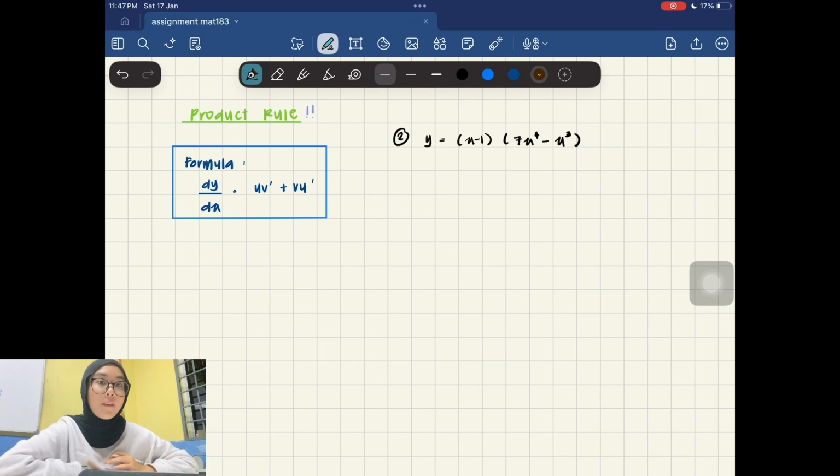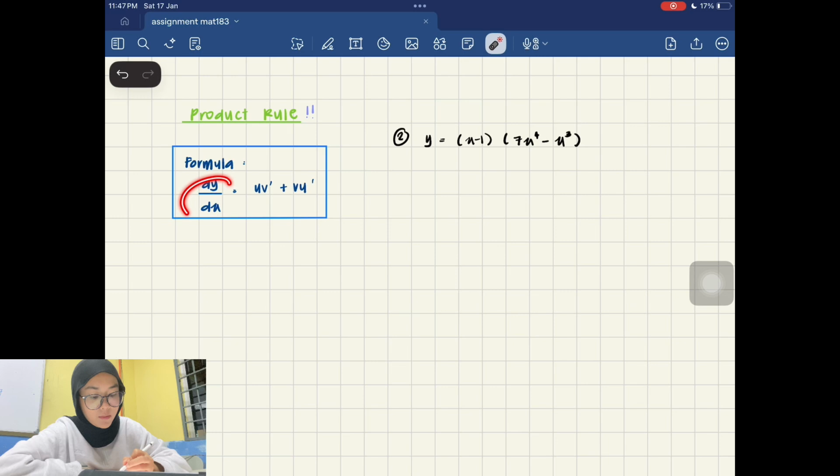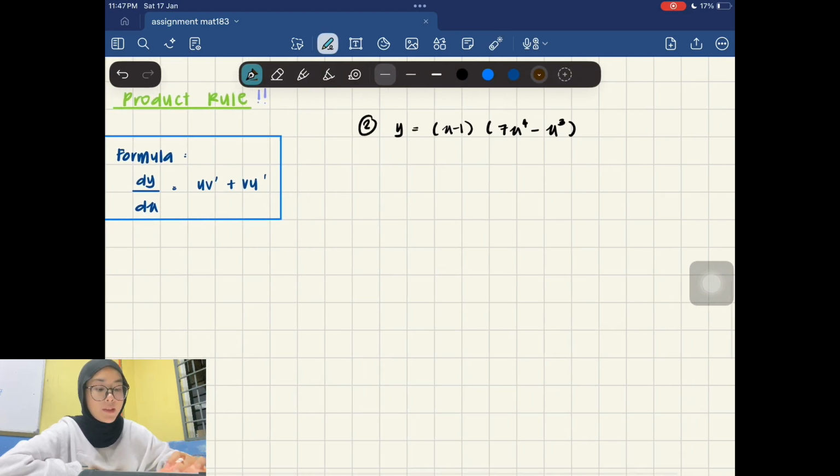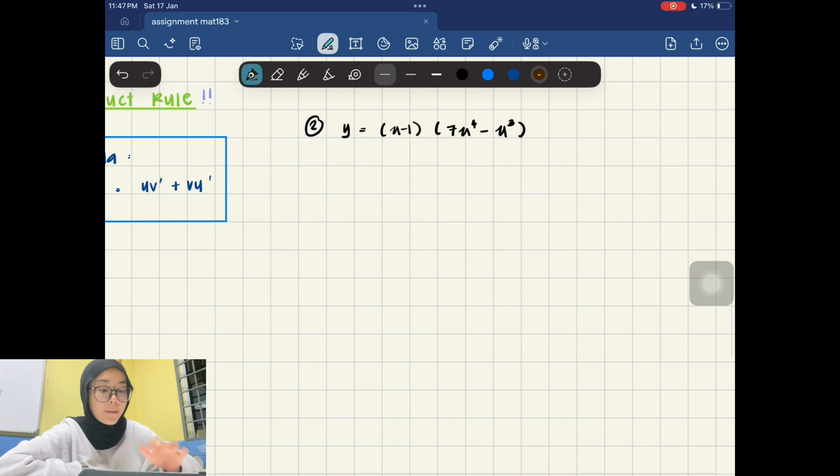As explained just now, the formula for the product rule is dy/dx equals uv prime plus vu prime. So for this equation, first thing first, we have to label which one is u and which one is v to make it simple.